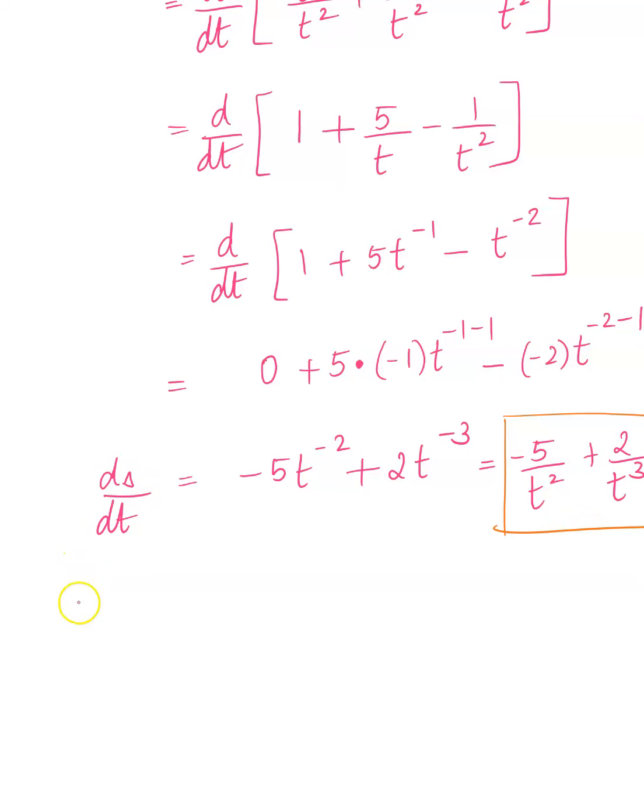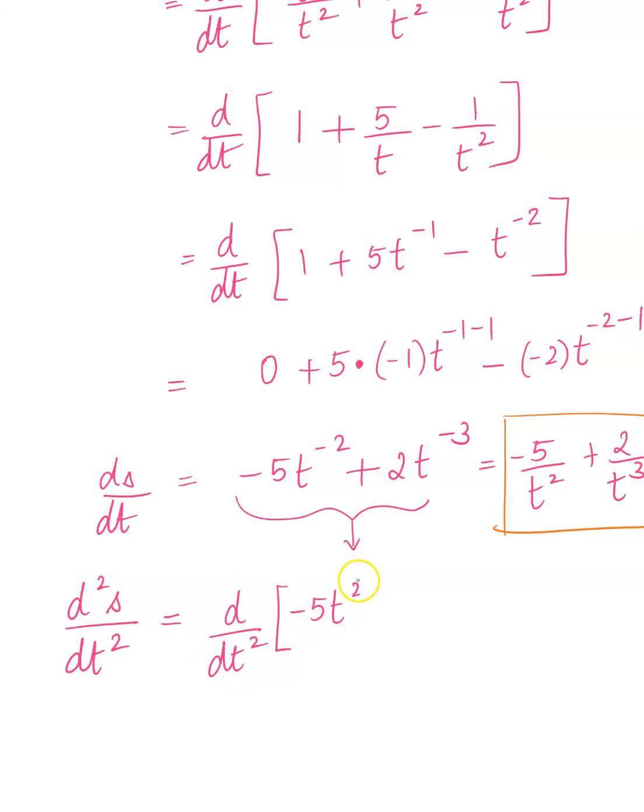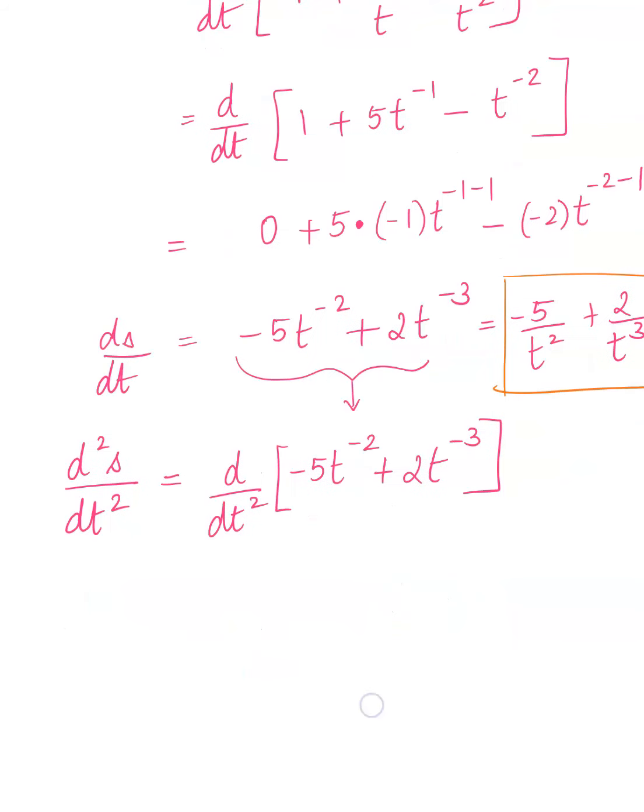They wanted us to find the second derivative. That's going to be d squared s over dt squared. So you're going to use this expression and take its derivative. So d over dt, and on the top, negative 5 t power negative 2 plus 2 t power negative 3. Now take the derivative of this first derivative, because that will be your second derivative.